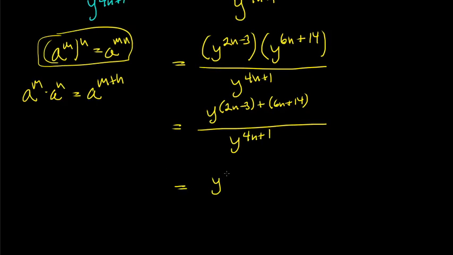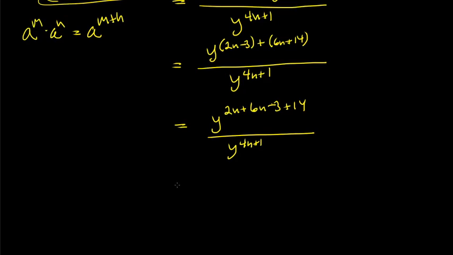Okay, so this is just 2n plus 6n minus 3 plus 14. Just changing the order here. 2n plus 6n is, I believe, 8n. And then negative 3 plus 14 is 11.